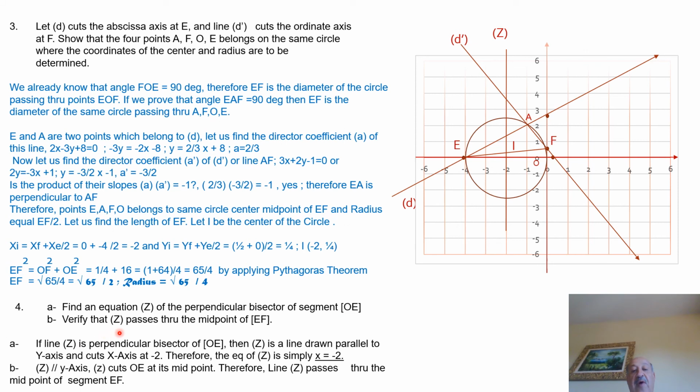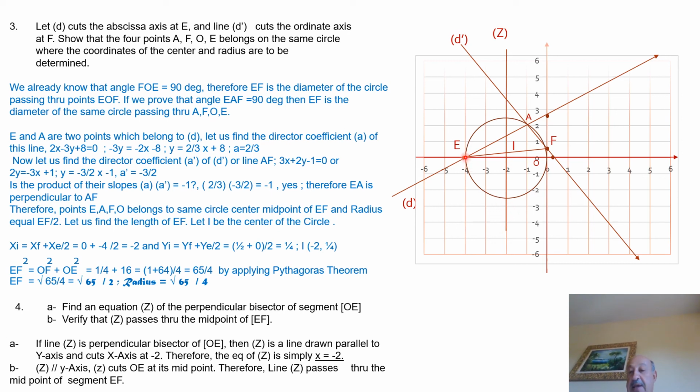Okay, B: verify that Z passes through the midpoint of EF. We want to verify that this line also cuts EF at its midpoint, meaning at I, so it passes through the center of this circle. How to prove this?